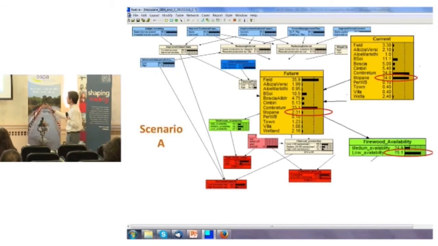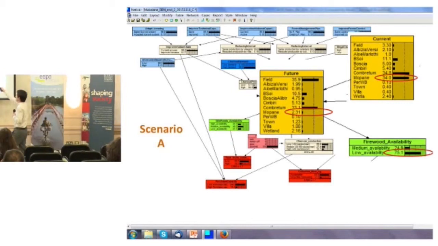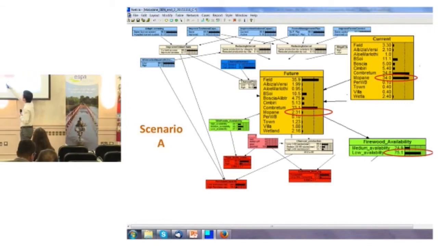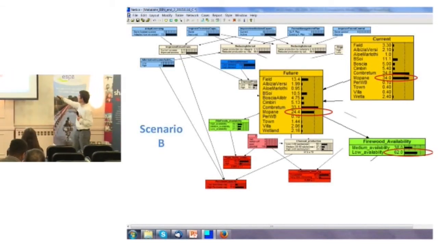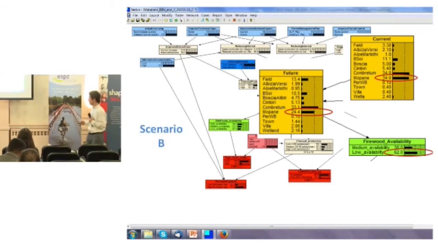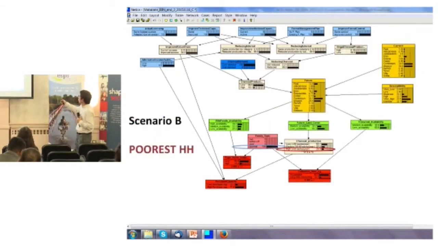So there is a bigger change here in scenario A, where there would be only 2% of Mopane and 70% low availability. With the 24% Mopane, so with a lot more Mopane, the change in availability is not so big. This is because there are also other forests that are not affected by charcoal that could still be used for firewood by villagers.